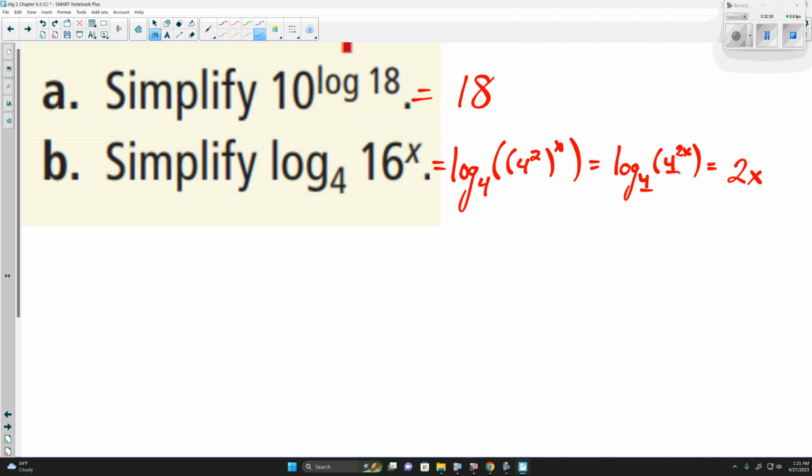We're just trying to get these two to be the same, the base and the number inside. It's going off the fact that log base b of b to the x is x when these two match up. We need them to be the same. Because we could have turned 16 into 2 to the 4th, but that wouldn't help us because the base and what's inside are not the same.